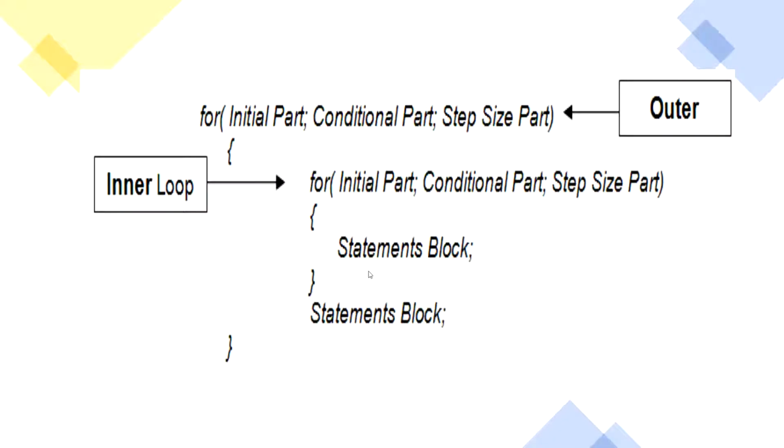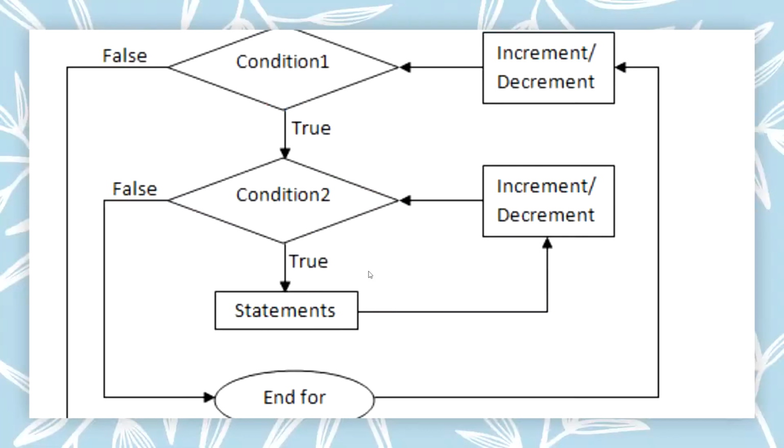Now let us look at the flowchart here. We enter the program, then we enter condition 1, which is the first outer for loop, and if that is true then it goes to condition 2, and if that is true the statement would be executed. For example, if we have to print the numbers from 1 to 5, for i we'll write i less than or equal to 5.